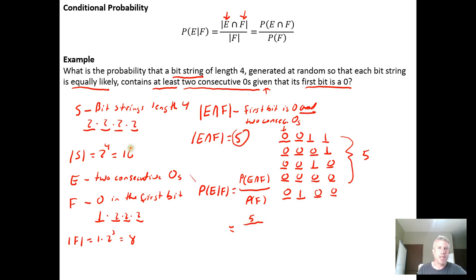The original sample space had 16 elements in it, divided by F had 8 elements in it, divided by the sample space had 16. Those 16s are going to give us a 1 after we do our division, so we're going to wind up with a 5 out of 8 chance. And that makes sense. There's 5 things that have two consecutive zeros out of the 8 possible things that you can create that begin with a 0.